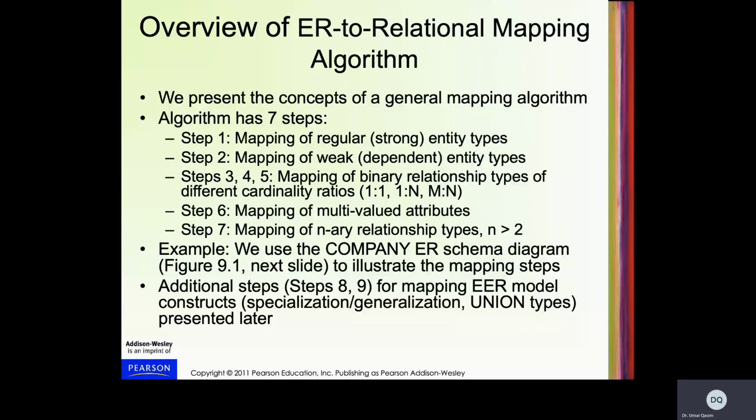And in step 6, we look at how we deal with multi-valued attributes. And in step 7, mapping of an n-ary relationship, where we have more than 2 entities involved in a relationship.